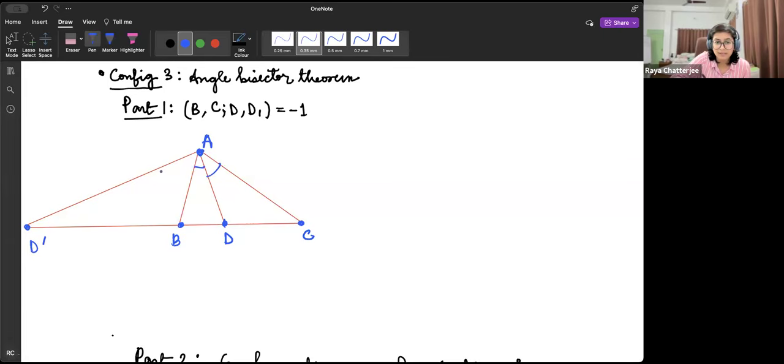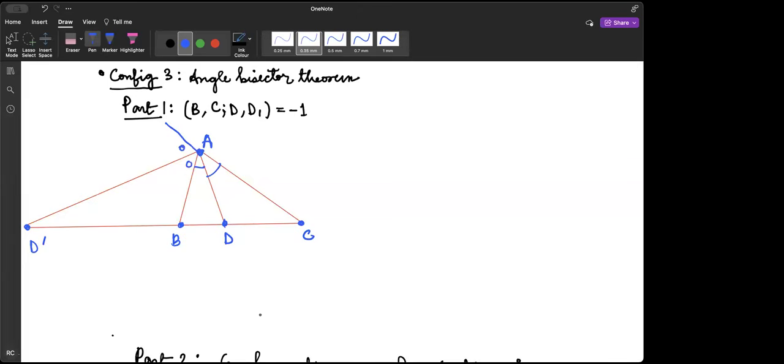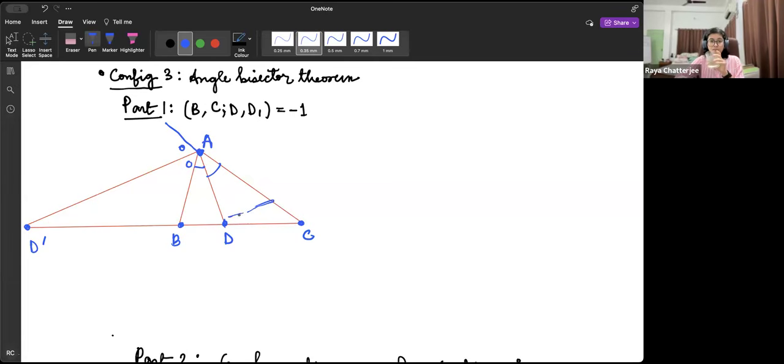So can you prove that actually? That is very easy, to be honest. It's very trivial. Draw a line from D that is parallel to AD prime.